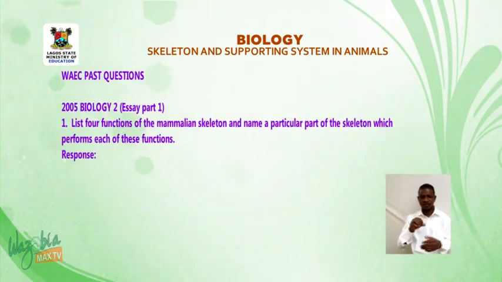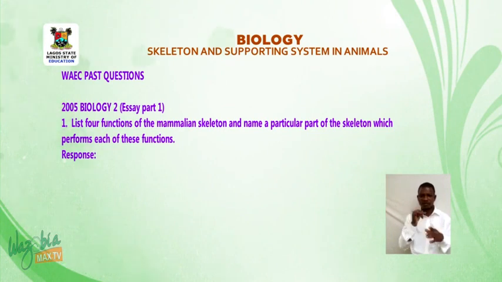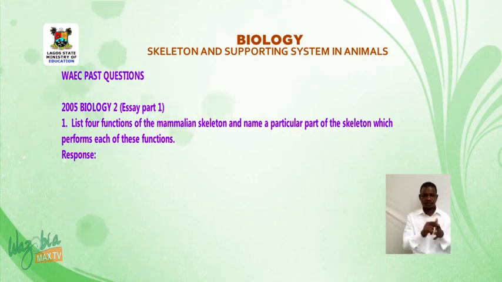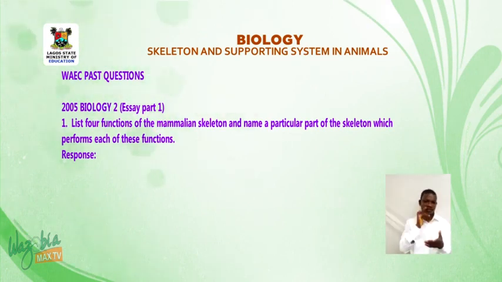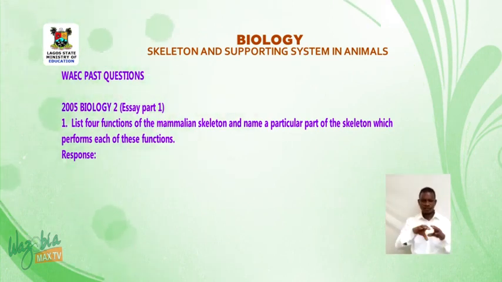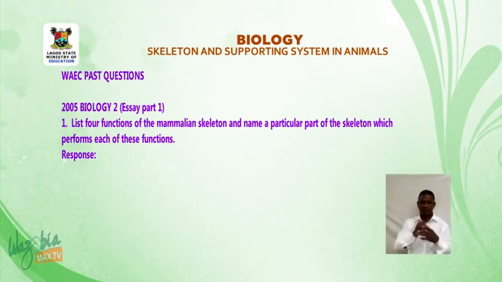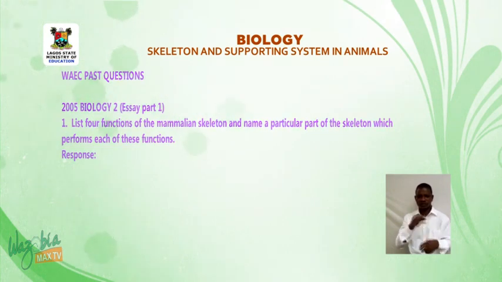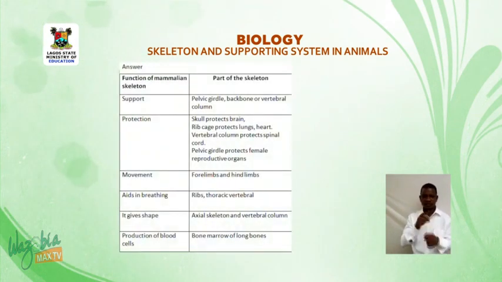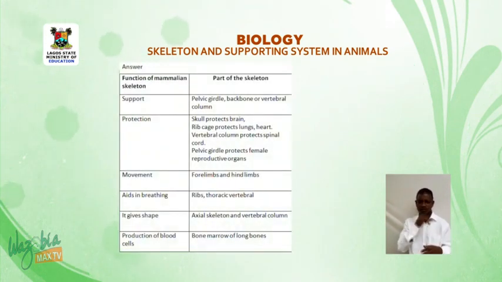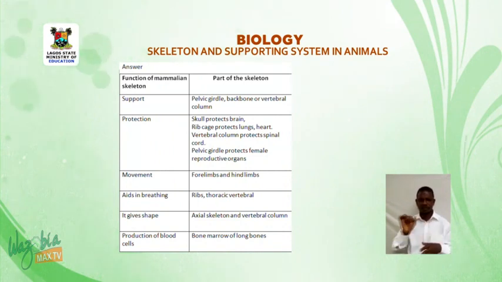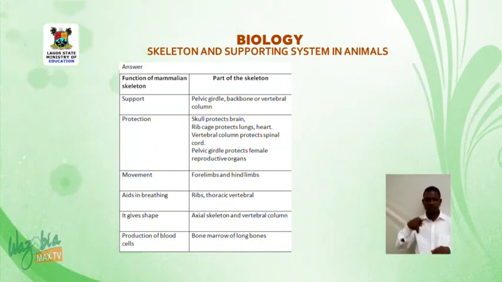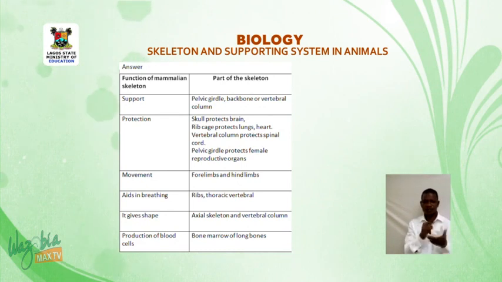Now let us look at WAEC past questions. Question 1. List 4 functions of the mammalian skeleton and name a particular part of the skeleton which performs each of these functions. Answer. Functions of the mammalian skeleton on one part, parts of the skeleton on another part.